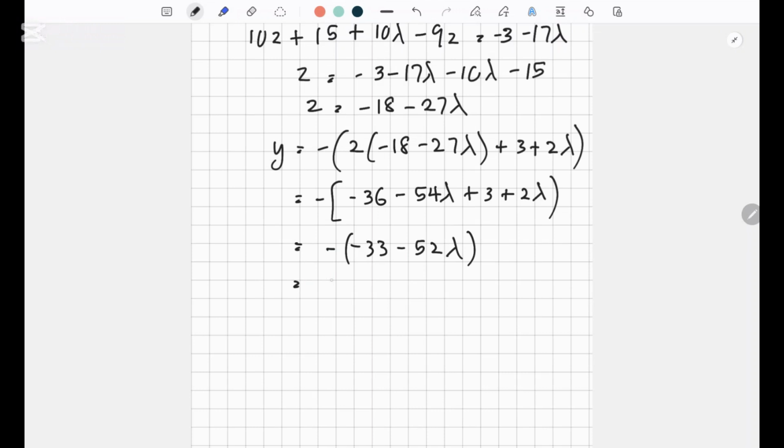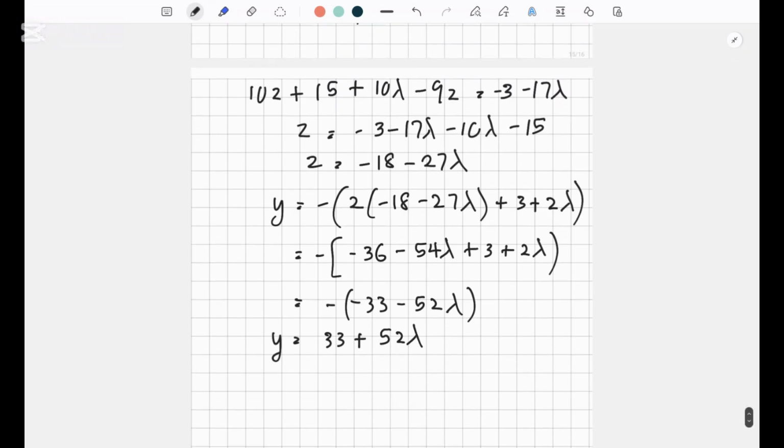Now the whole thing into minus is 33 plus 52 lambda. I think I'm correct. Let me just check again. Yep. So we found y and z.